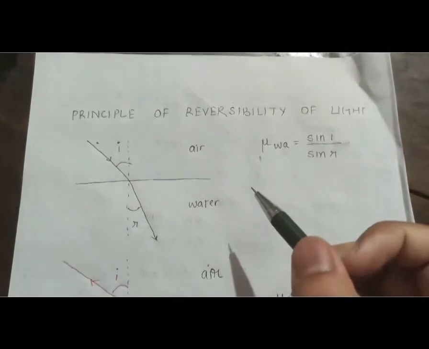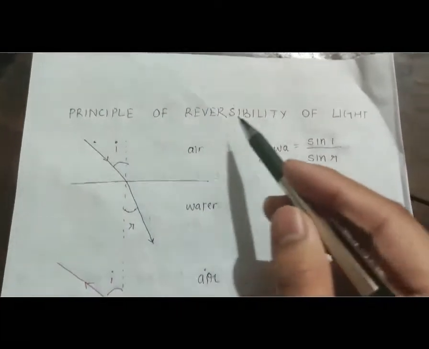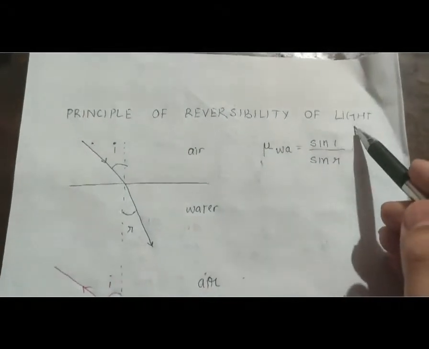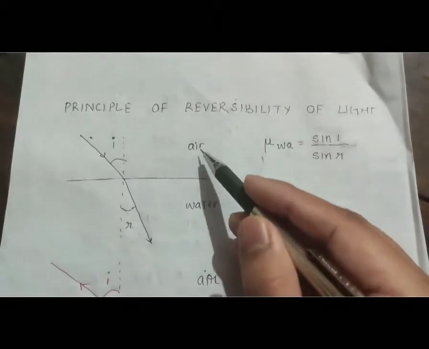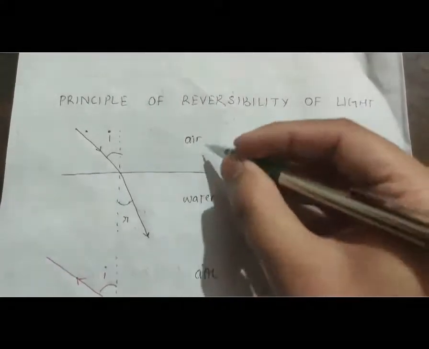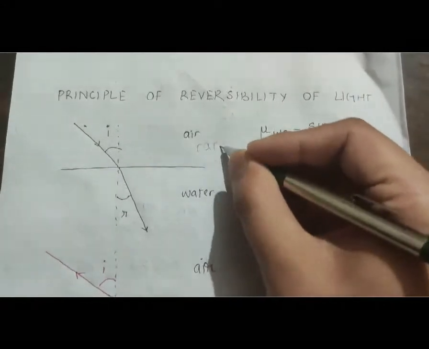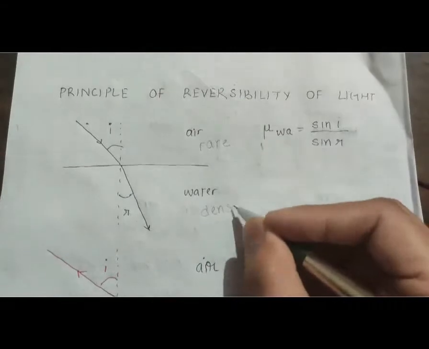So before we go into this topic, we will first understand the principle of reversibility of light. Now in this topic, what happens? Suppose you have two mediums, your air and your water medium. We know air is what kind of medium? It is a rare medium. What is water? Water is a dense medium.